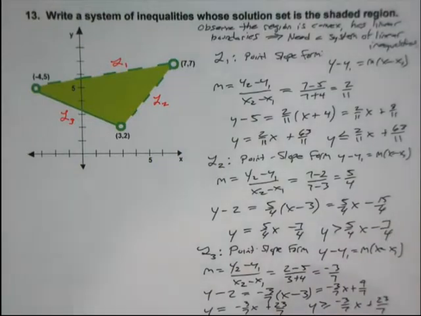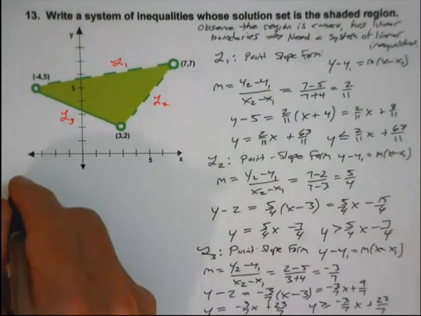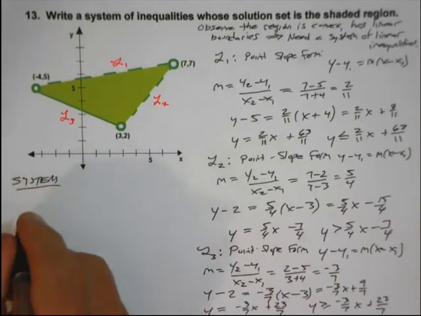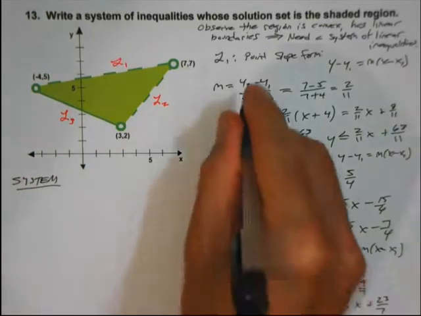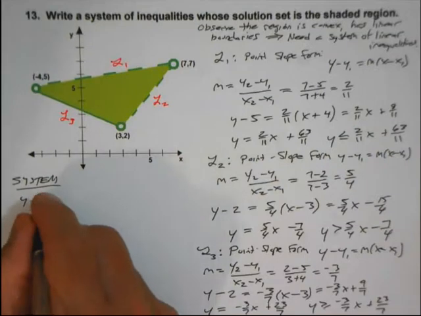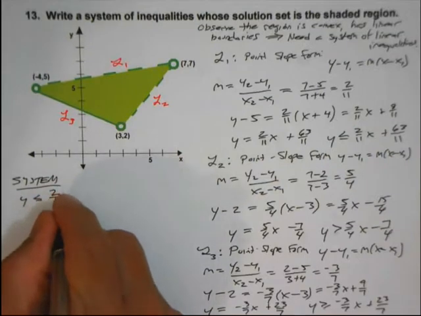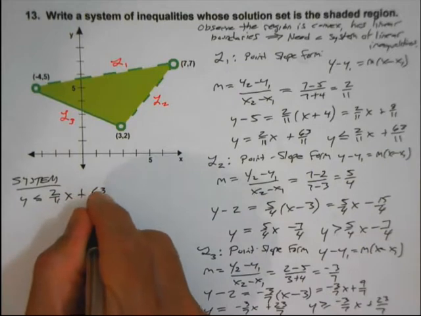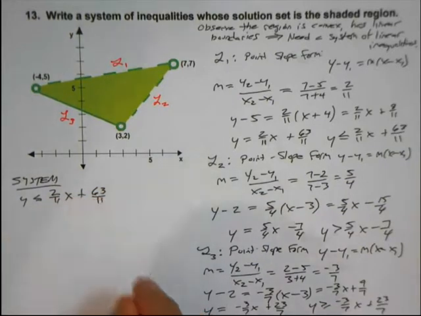Okay, let's get our answer formulated here now. The system we have in mind could be as follows. The one we got from L1, this is y less than or equal to 2/11 x plus 63/11.